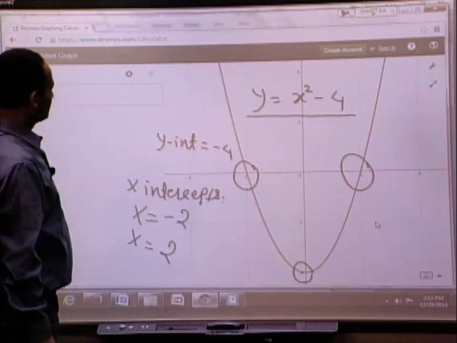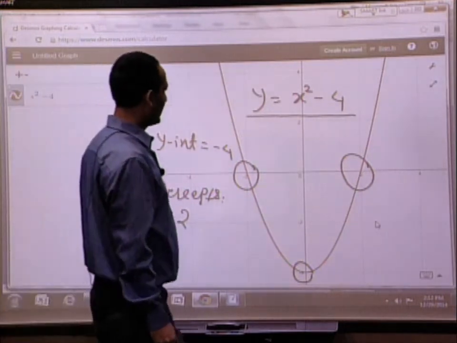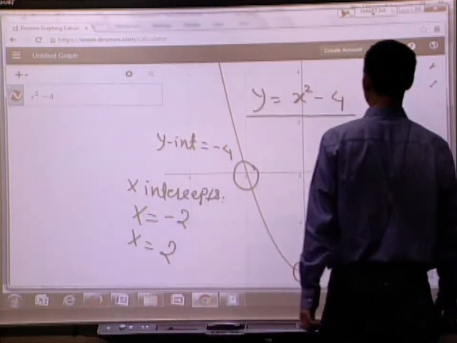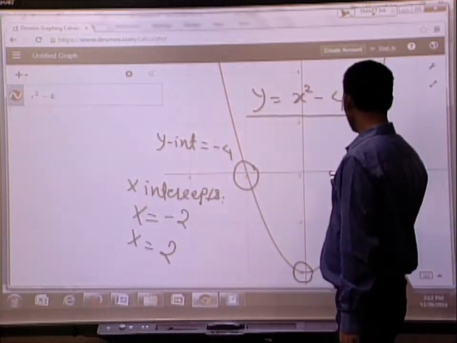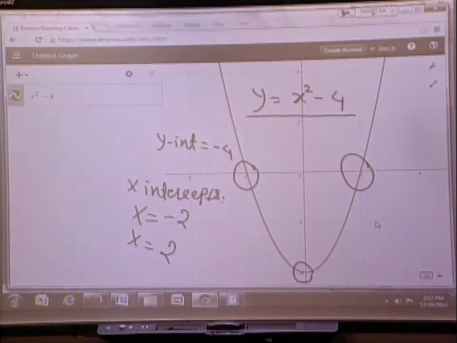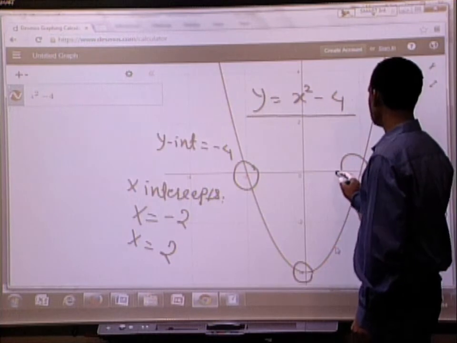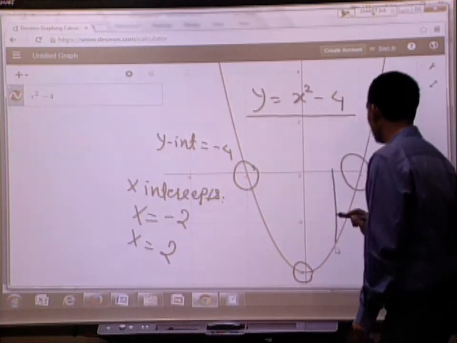For example, let's say when x equal to 1, we see a point where y equal to -3. So this point is where x equal to 1 and y equal to -3. In order to find the y value when x equal to 1, we have to go just below the x-axis.